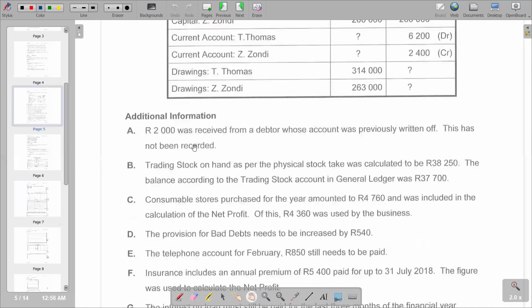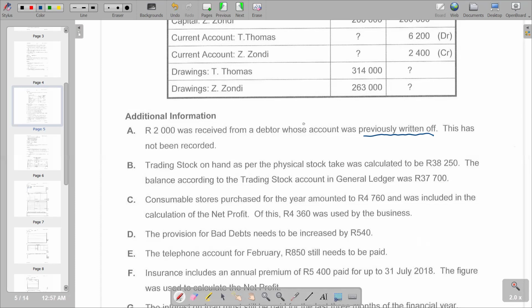You're saying 2,000 rands was received from a debtor whose account was previously written off. This year has not been recorded. So we take note of that. Let's analyze this statement: 2,000 rands was received from a debtor, which means this debtor was previously a bad debt. It was written off to become a bad debt or a credit loss.